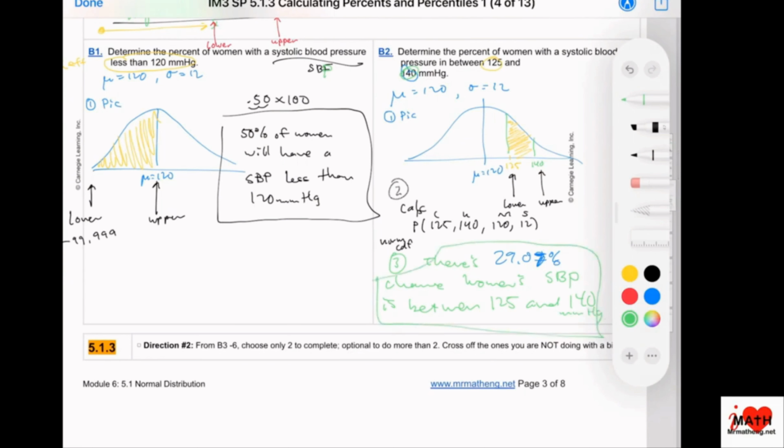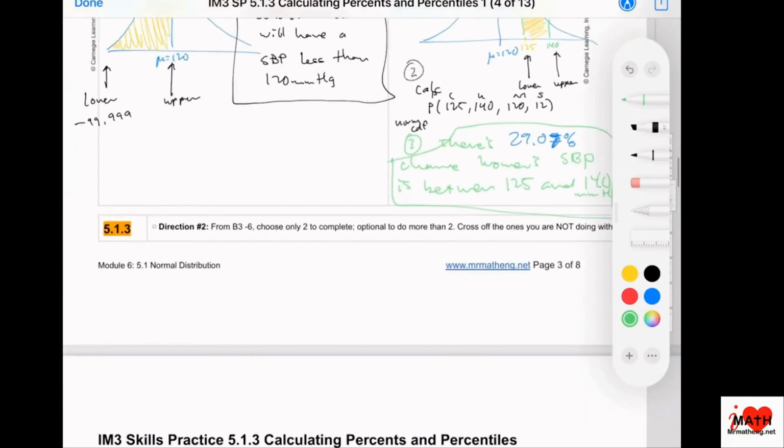So there's our answer. Let's move on to B3.